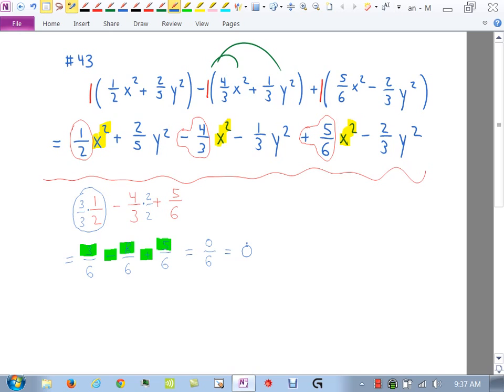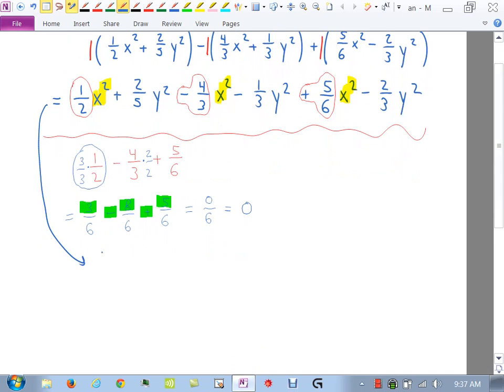That means that the coefficient in front of x squared is 0. So if I come back down, I'm trying to continue my answer here. I know right now that those x squareds come together to be 0x squared. But 0 in front of x squared really makes it a 0, doesn't it? So it's just going to go away completely, which is kind of interesting.